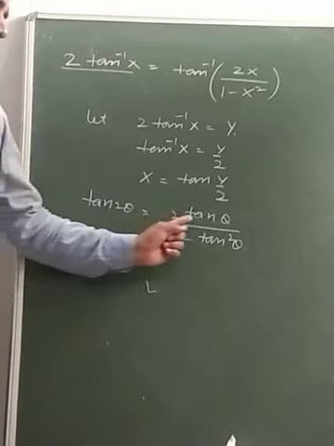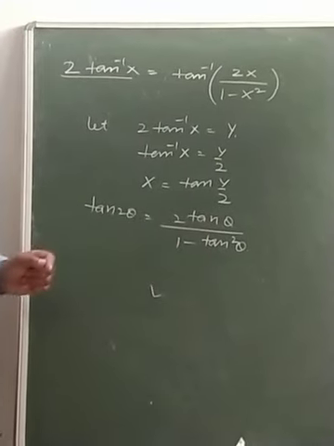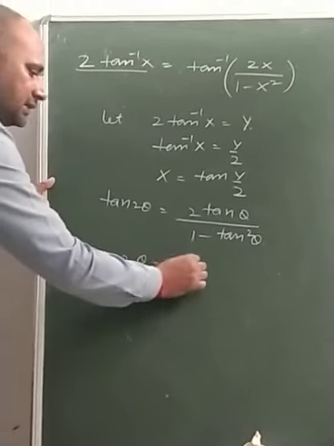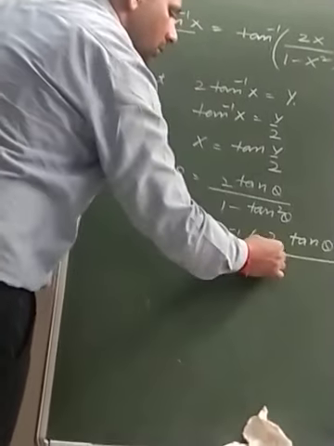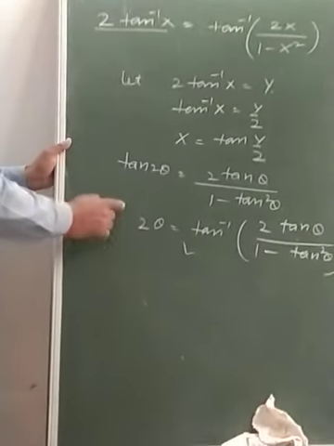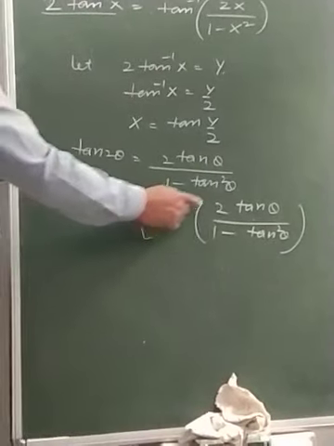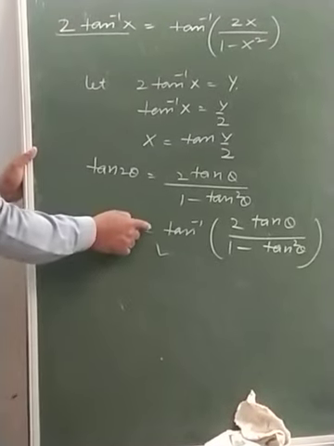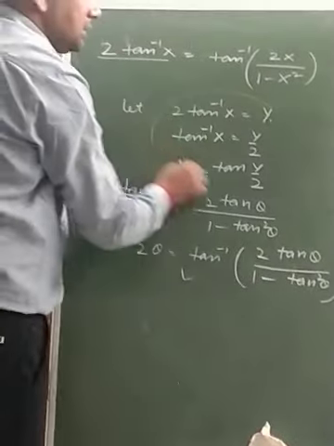Converting tangent into tangent inverse, 2 theta is equal to tan inverse of 2 tan theta by 1 minus tan square theta. According to this formula, we can change this part in theta also.